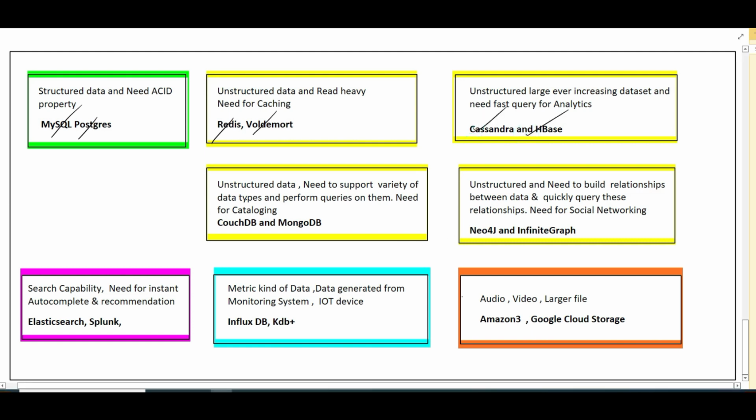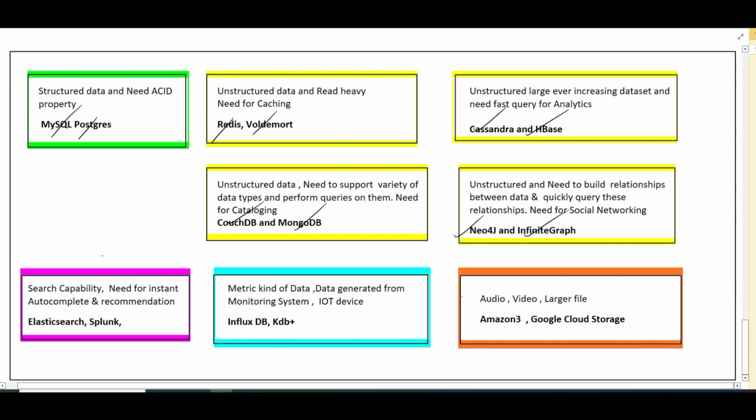When you have unstructured data but want to support a variety of data types, perform queries on them, and need product cataloging, we should go for CouchDB and MongoDB; basically, these are the document databases. And another option, in unstructured data, is when you need to build relationships between the data, query based on those relationships, and store social networking information. Then we can go for Neo4j and Infinite Graph.